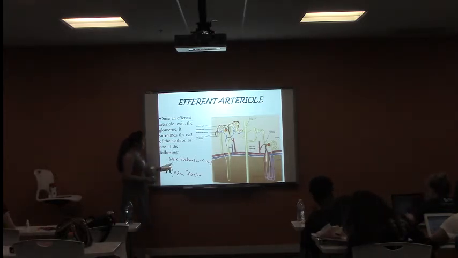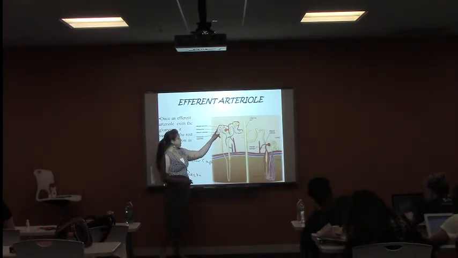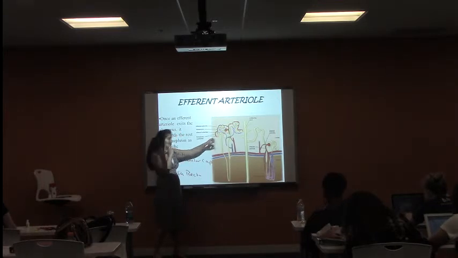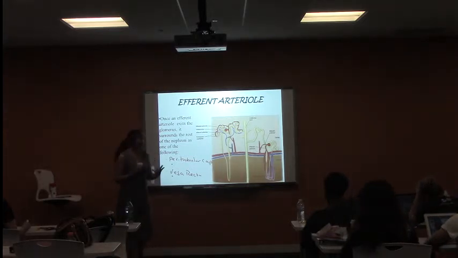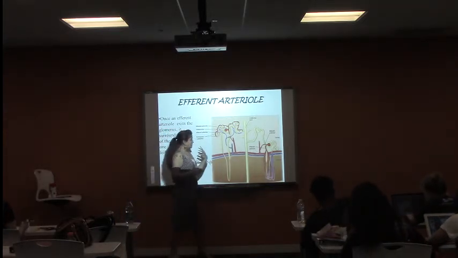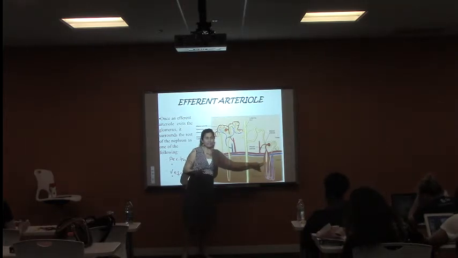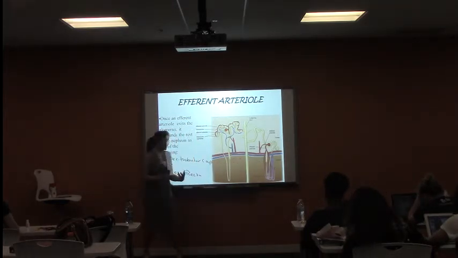Now, if the capillaries are surrounding the proximal tubule and the distal tubule, it's called peritubular capillaries. If the capillaries are surrounding the loop of Henle, then it's called vasa recta. Okay?